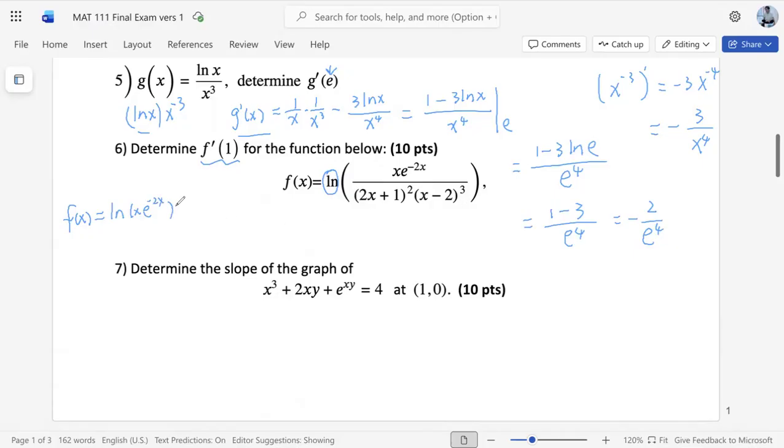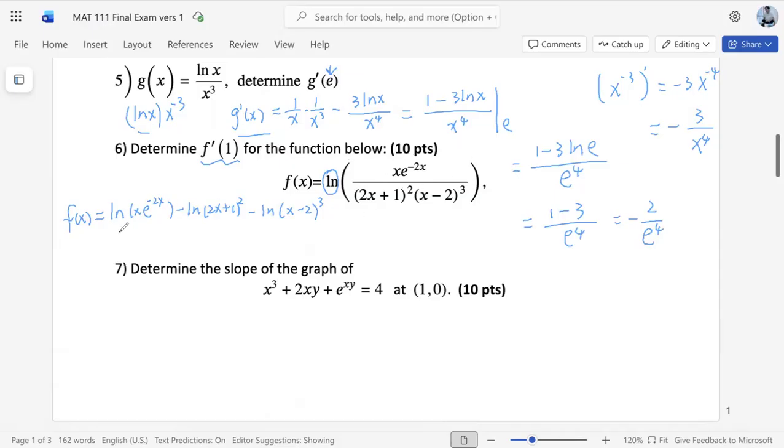And the denominator, we get a negative term, negative ln of 2x plus 1 squared, and I can keep splitting: minus ln of x minus 2 raised to 3. Right? Remember, that's a property of logs. So this is ln followed by this expression.